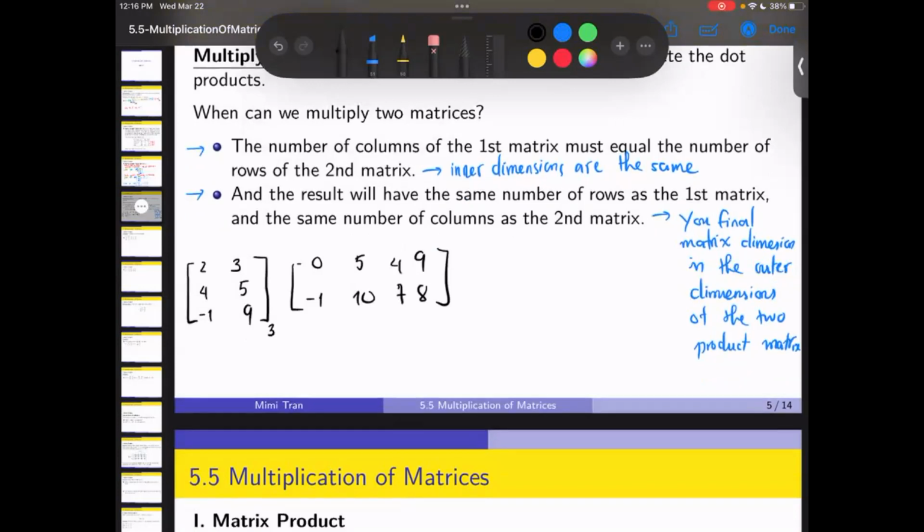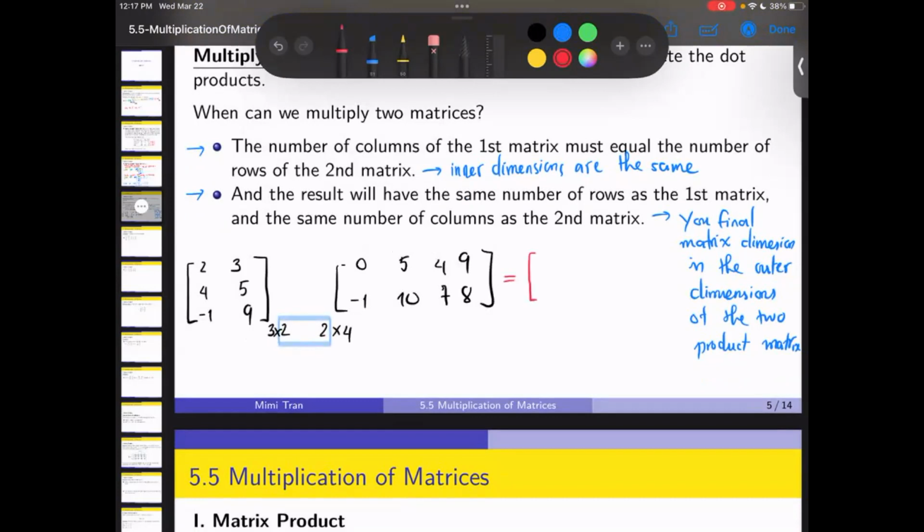Yeah, 3 by 2. And the second one is 2 by 4. Do the inner dimensions match? Yes, the inner dimensions match. You're going to end up with what dimension of matrix? Yeah, 3 by 4.